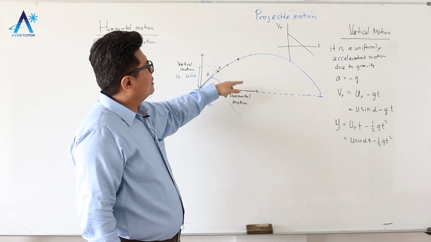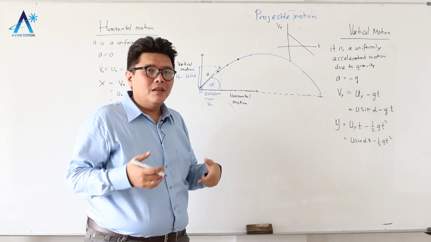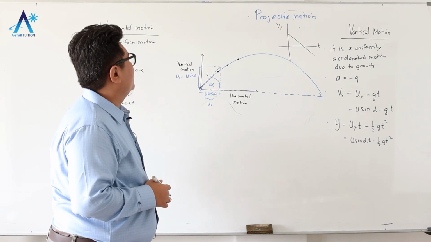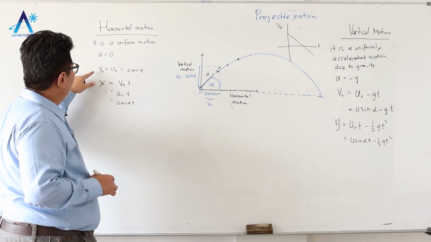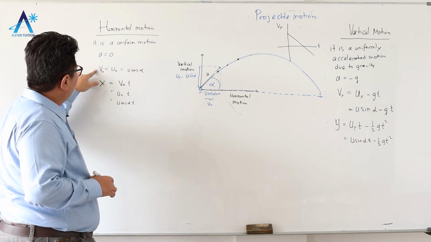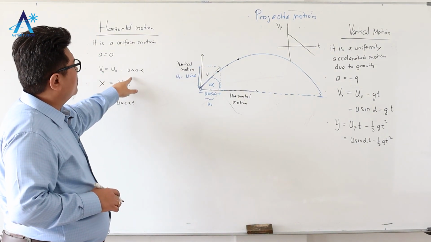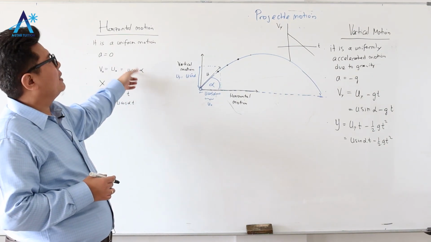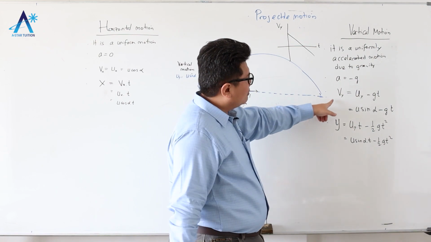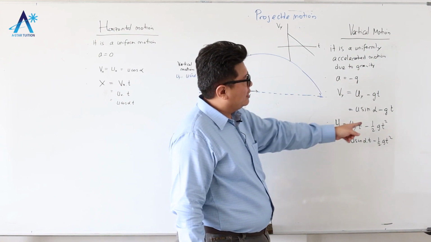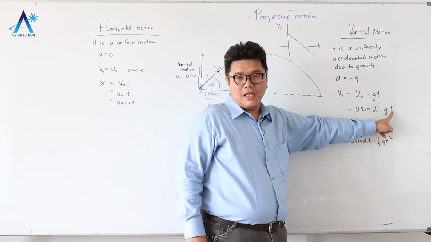We can obviously calculate the horizontal component of the velocity, which does not depend on time, so we can calculate it at any time. But for the vertical component of velocity, we need the information regarding the time.